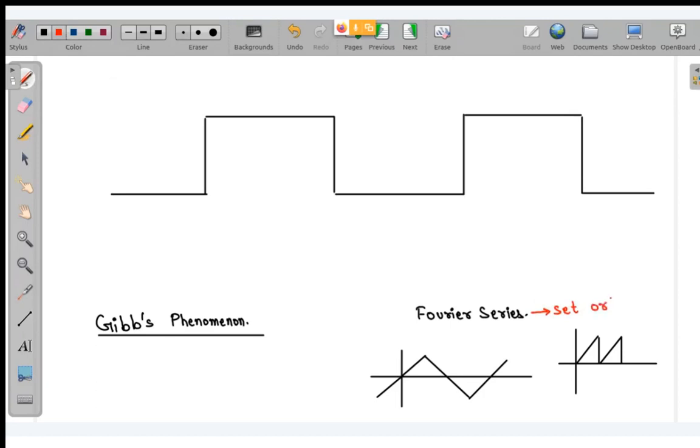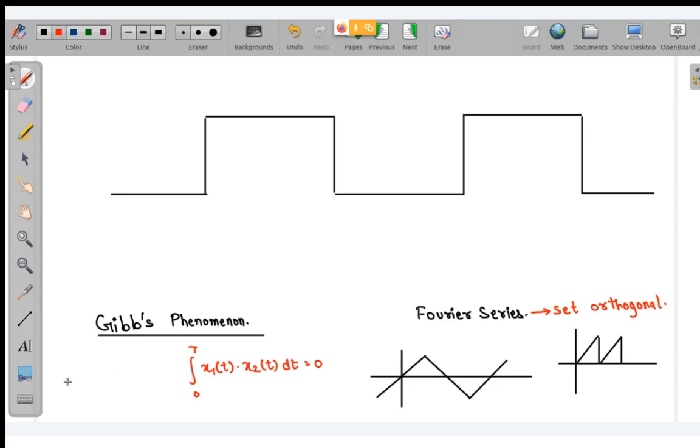I won't be going into that much depth. Now what is an orthogonal signal? Yes, actually this square wave is a sum of infinite sinusoids. I will be explaining, just give me a minute. Orthogonal signals are those signals for which, over one time period, if we take the product and integrate it, it will be zero.